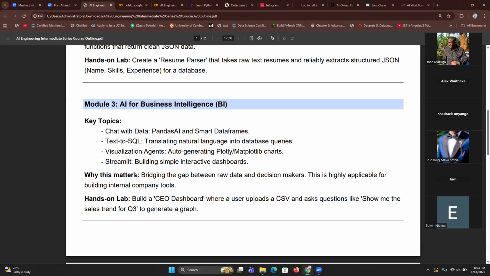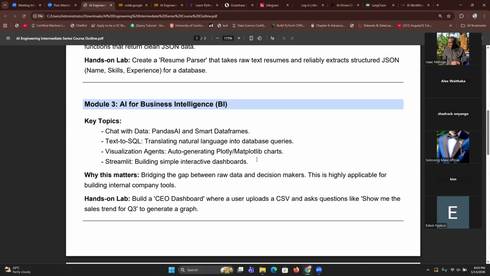So why does it matter for an AI engineer to do this operation? This matters because it will bridge the gap between raw data and decision making. Remember, businesses already have data stored either in databases or in Excel format. So we can use AI to transform raw data into actionable insights.